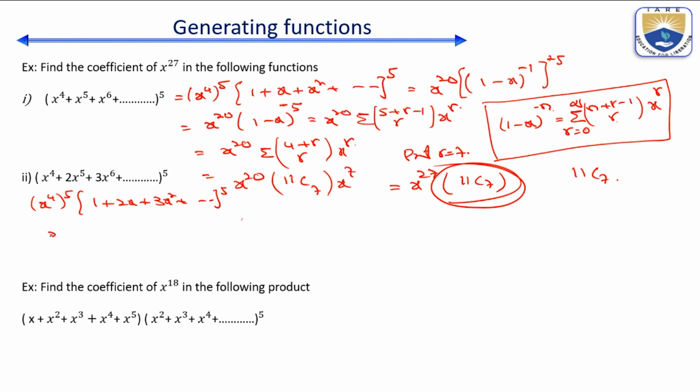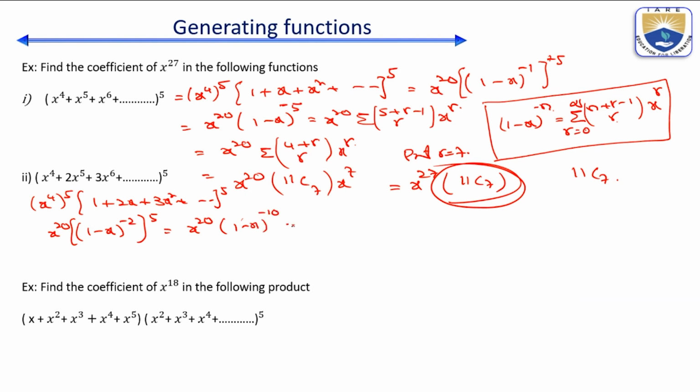This is x^20 times (1 - x)^(-2) whole to the power of 5, as we discussed earlier, which is x^20 times (1 - x)^(-10).